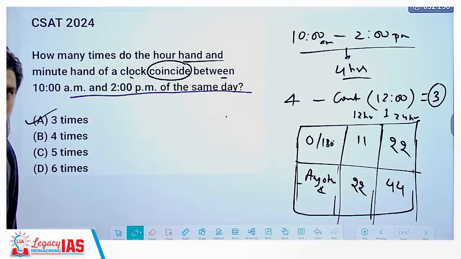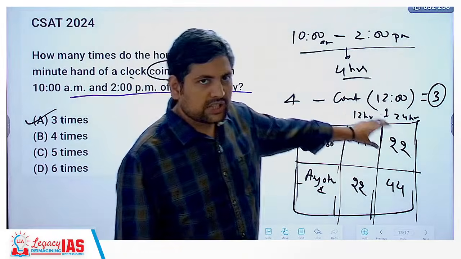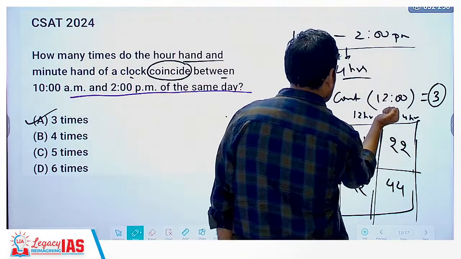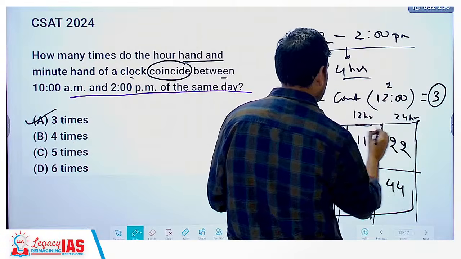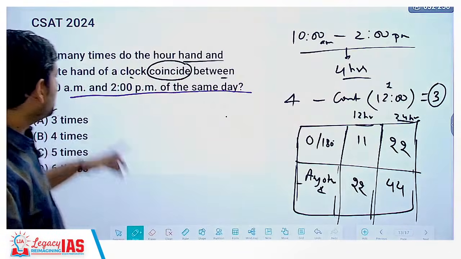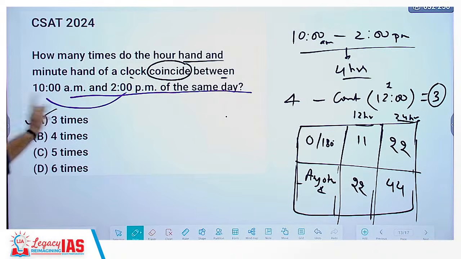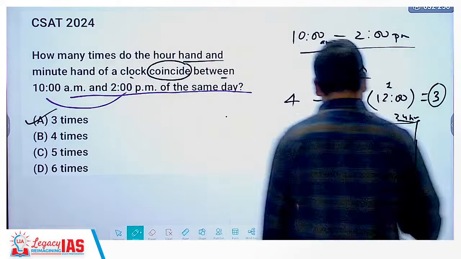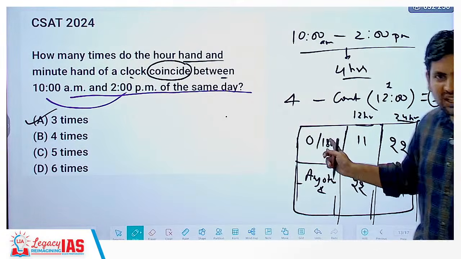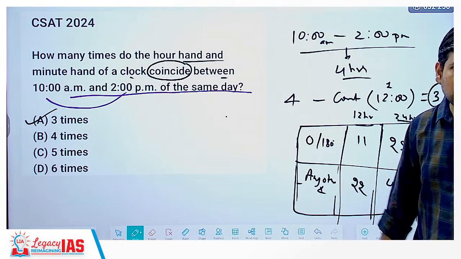But always be careful that sometimes in a question they won't give you 12 hours and 24 hours directly. For example, what they gave here, 10 a.m. to 2 p.m., is only 4 hours. Now if you try to do it using division here, you will get a wrong answer.